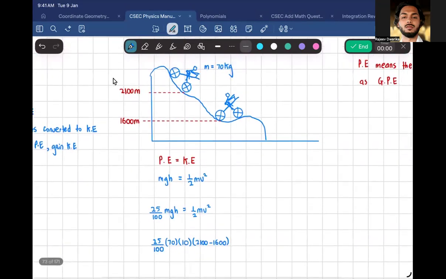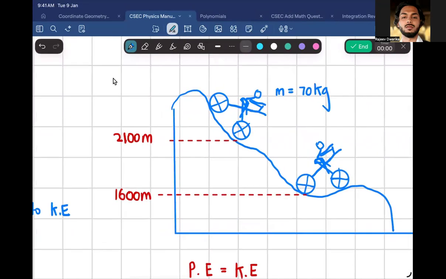Jada, do you understand why we see 2,100 minus 1,600? Yes, because that's the height he's traveling.